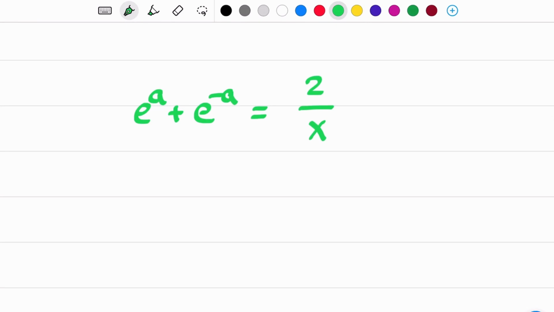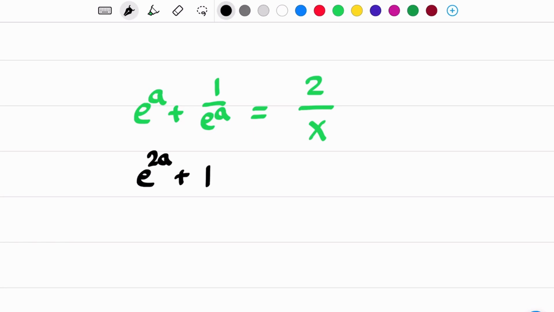So what I'm going to do now is multiply the entire thing through by e to the A. And that's because this e to the negative A here, I can rewrite it as 1 over e to the A. And so if I multiply that by e to the A, that'll just turn into 1. And it should be a lot nicer to work with if I can go into that form. So I'm going to multiply through by e to the A. E to the A times e to the A is e to the 2A.